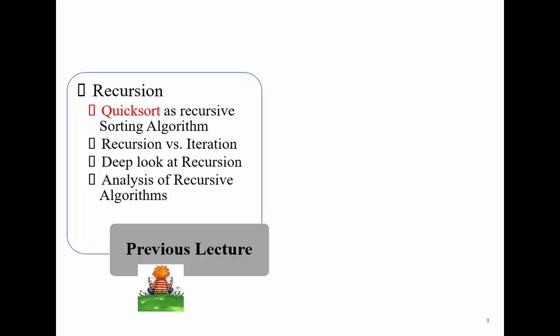And we saw that using the standard recursive implementation for the Fibonacci number, we are calculating the same problem twice, or maybe more than that. So we revised the implementation so we can end up with time complexity of order n. And we closed the last lecture by analyzing the recursive algorithms.